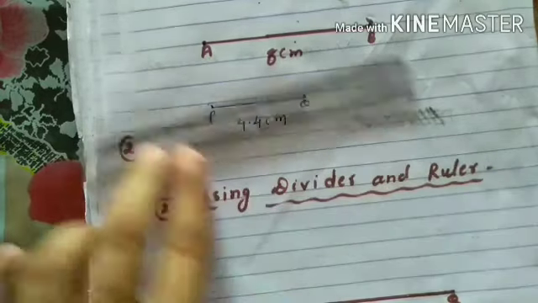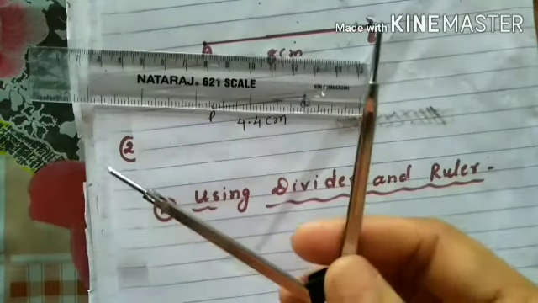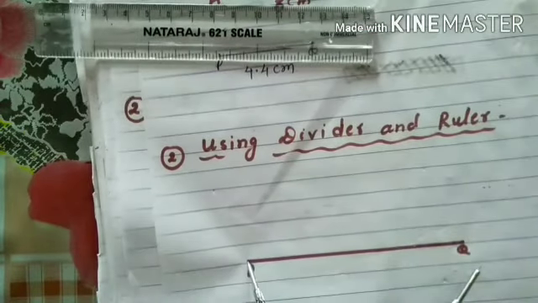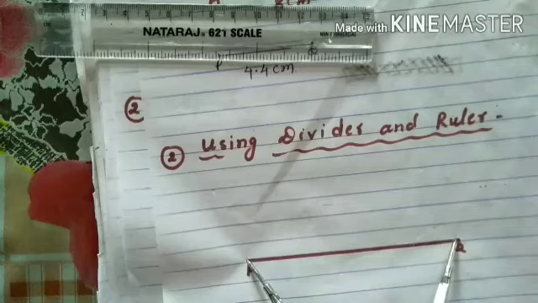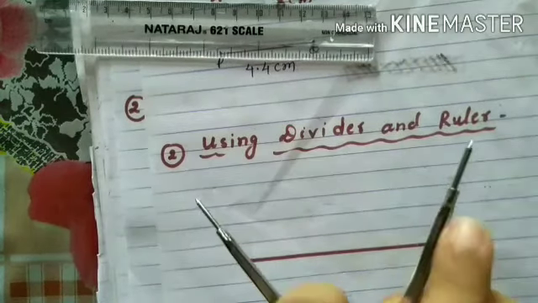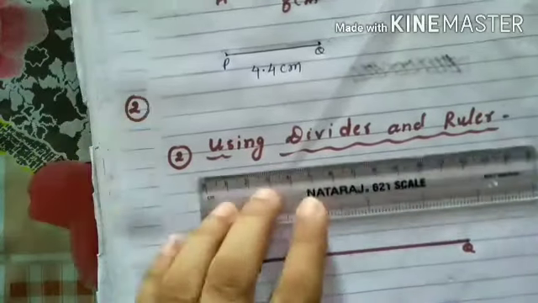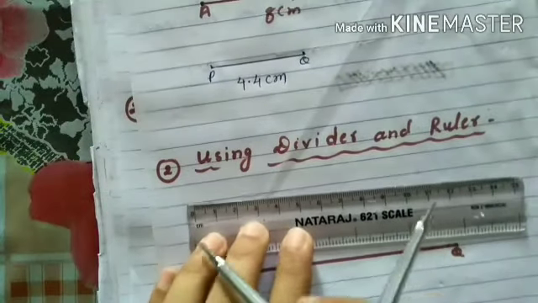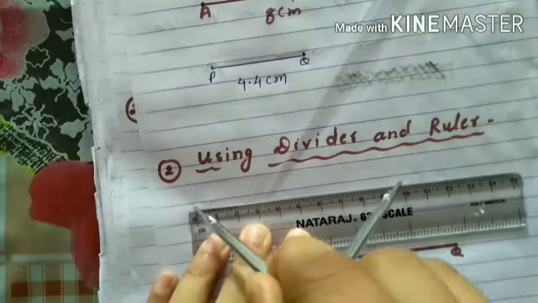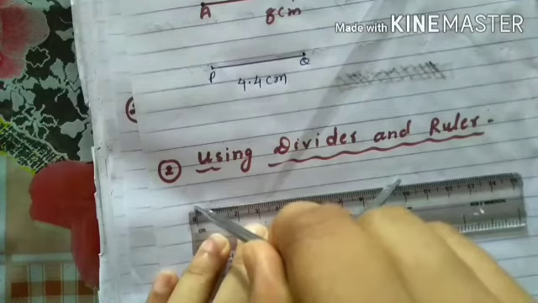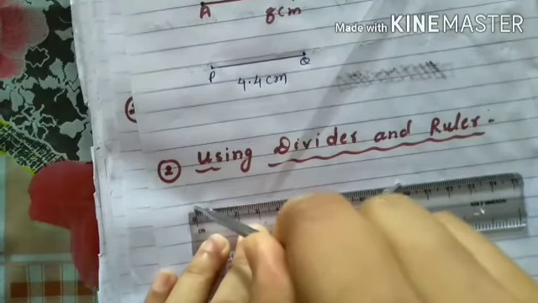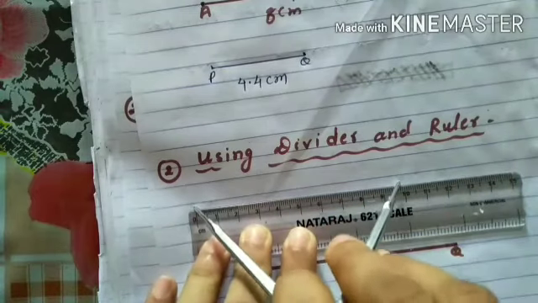What I have to do? First I have to take this divider and place these two arms on P and Q. Now without disturbing its arms, I have to place one arm on the 0 mark and the other arm like this.